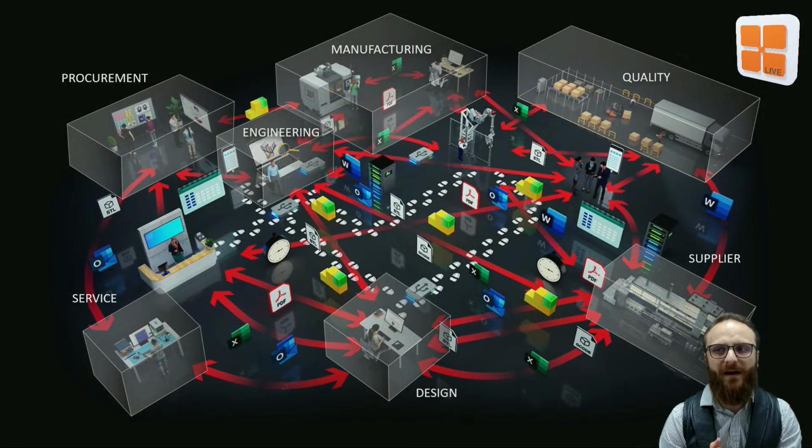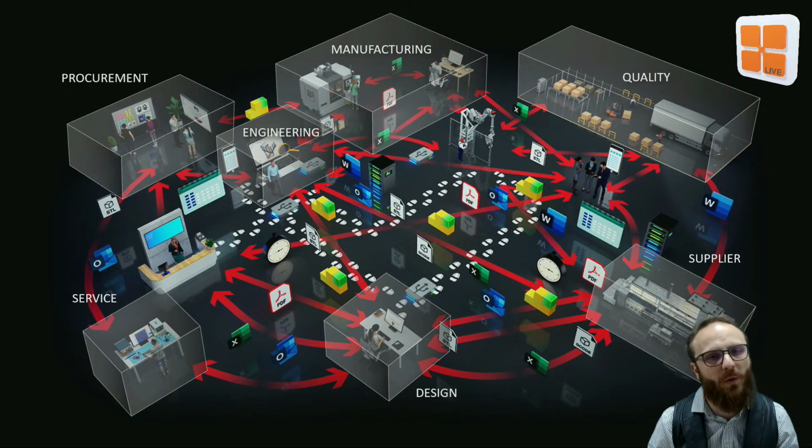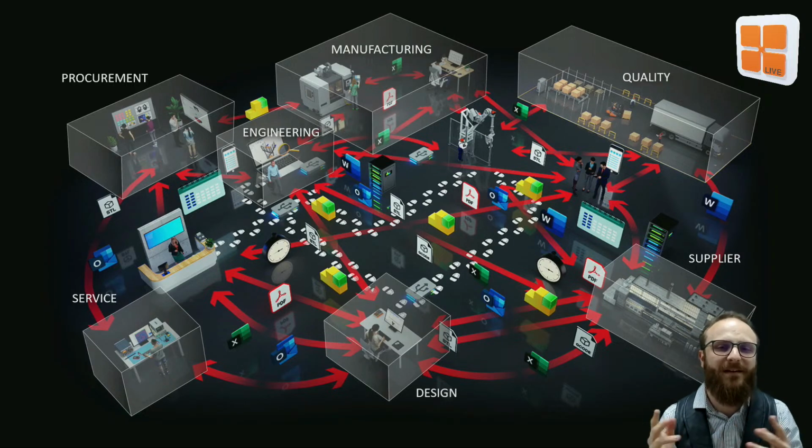So here is a diagram that shows a typical company. Okay. Now, there's plenty of things going on here. In fact, I believe this slide is meant to be described as chaos. So you can see the different departments there in terms of procurement, manufacturing, quality, engineering, and how they're sending data to each other. Is it an STL file? Is it Outlook? Is it being emailed as a PDF?